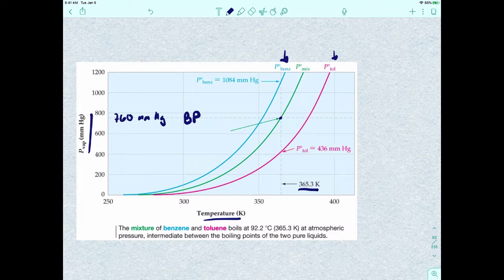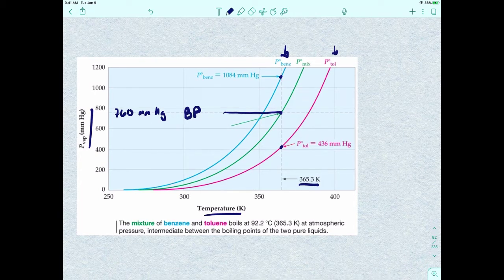Now, at that temperature, if we intersect that line and go above and below, we can see what pressures those curves correspond to at a certain temperature.